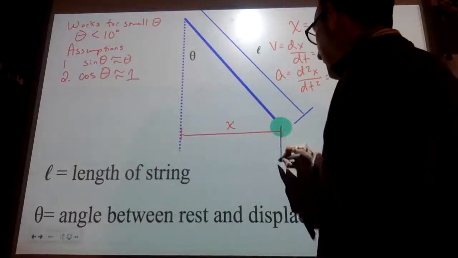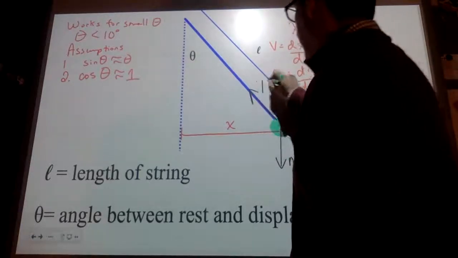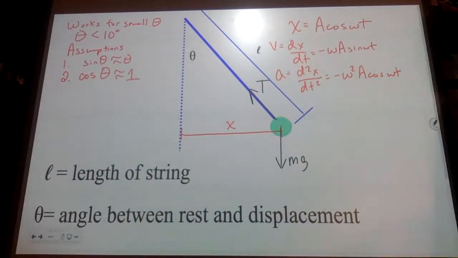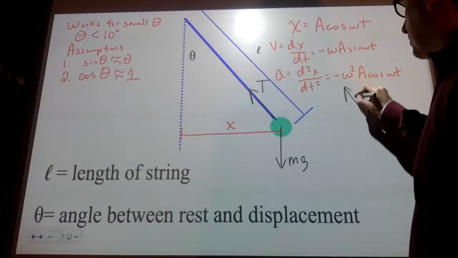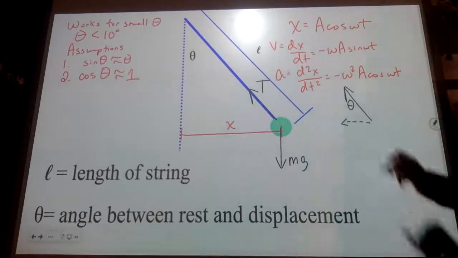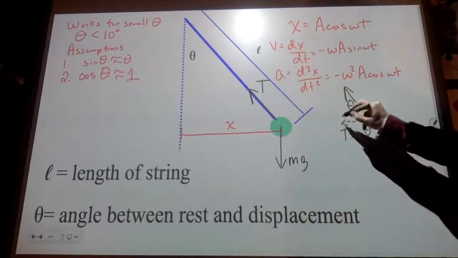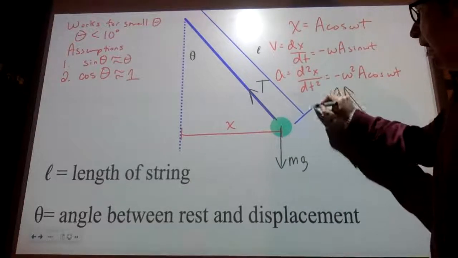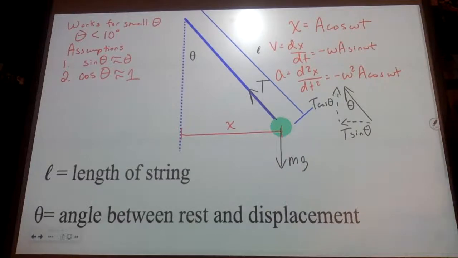And the forces acting on this bob is mg going this way and t going that way. And so t is at an angle. I know when I have things at angles, I want to get rid of them. And I'm going to have a component that's going to be t sine of theta and a component that's going to be t cosine theta.